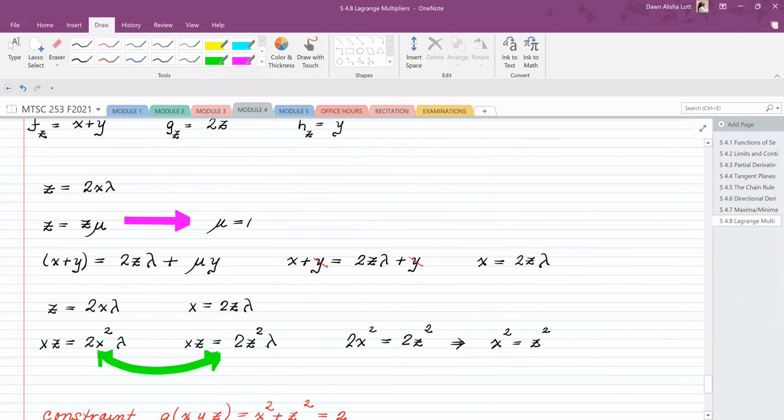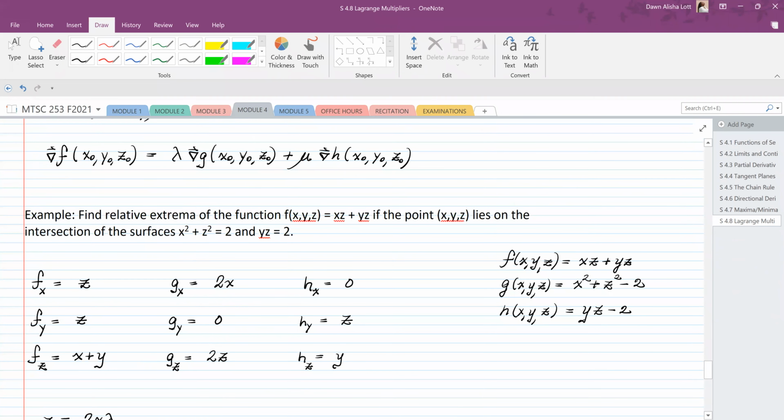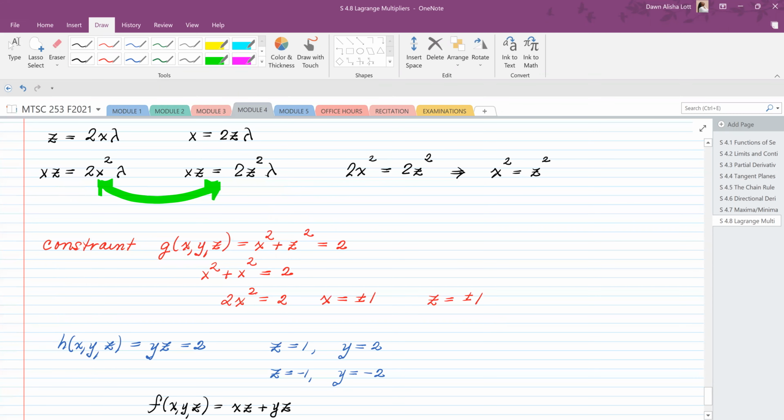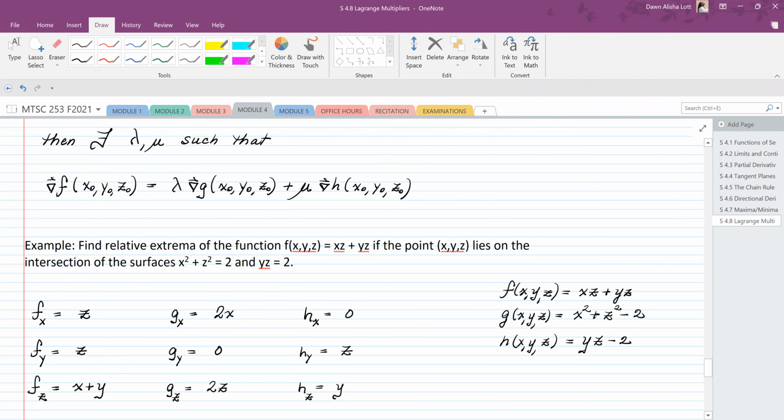Now, what was my function F? F was XZ plus YZ. So F of 1, 1, 2 is XZ is 2 and YZ is 2. How did I get 4? My function is XZ plus YZ, right?